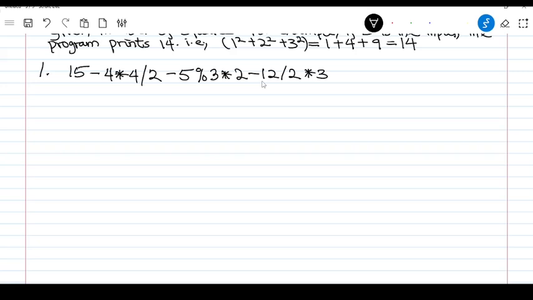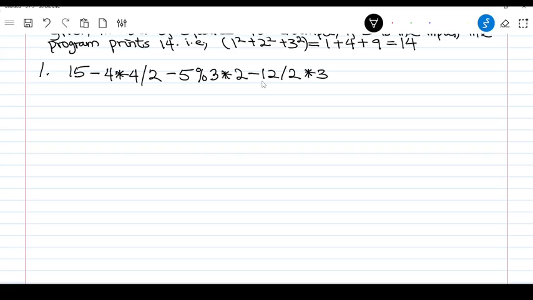And then I'm also going to check next in the expression: I'm having 5 modulo 3 times 2. So I'm going to take the modulo of 5 and 3 before multiplying anything I get by 2. And so the next is doing 12 divided by 2 times 3.